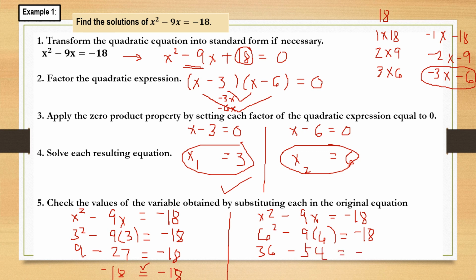Now what is 36 minus 54? 36 minus 54 is negative 18. Negative 18 is equal to negative 18. This is a true statement. So 6 satisfies the original equation. Therefore, it is a real solution of the quadratic equation.